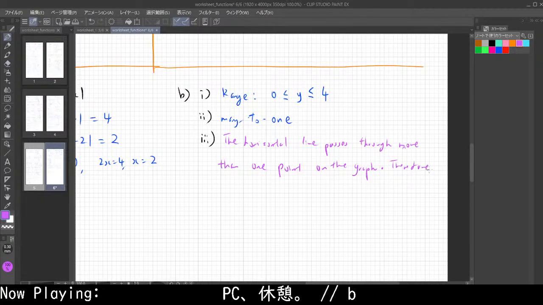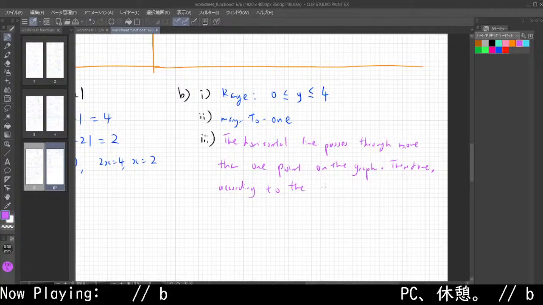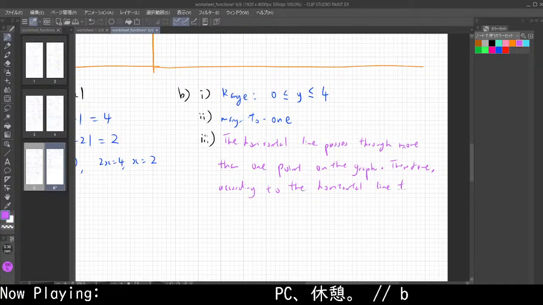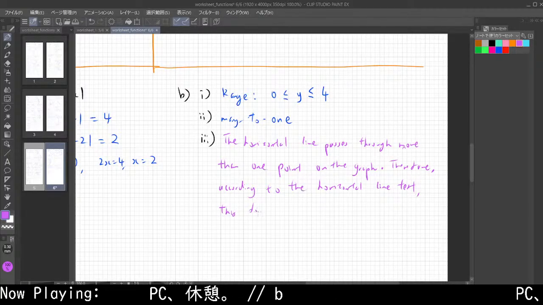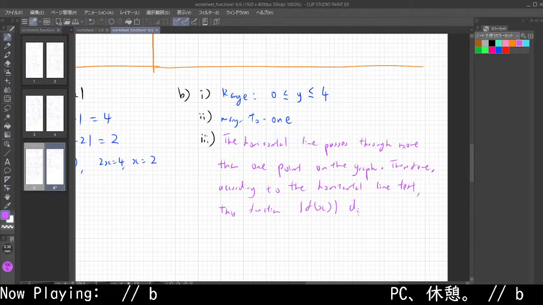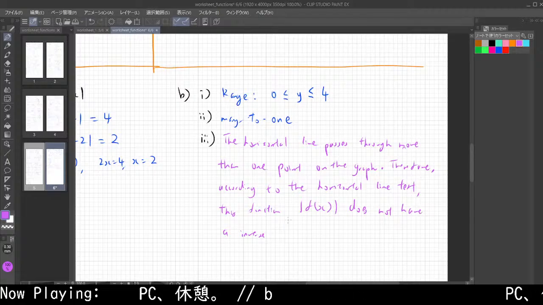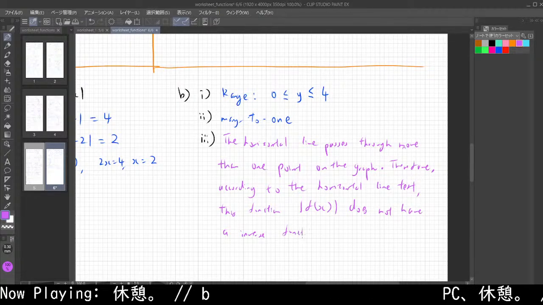Therefore, according to the horizontal line test, this function, the absolute value of x, does not have an inverse function.